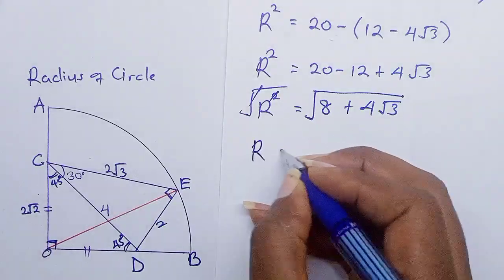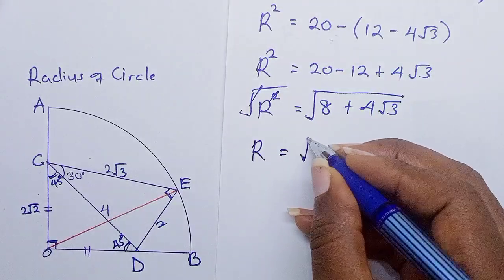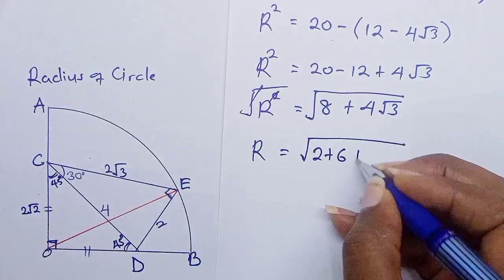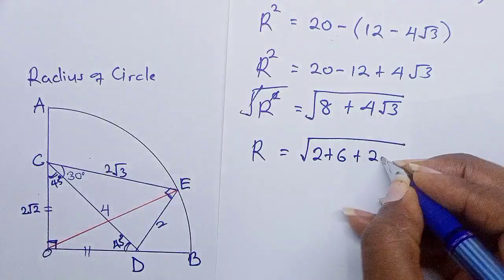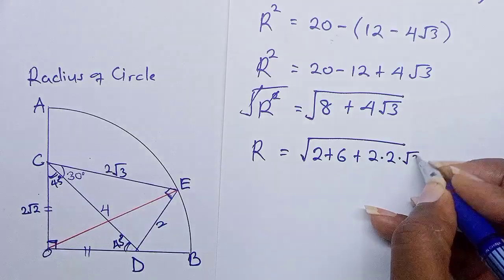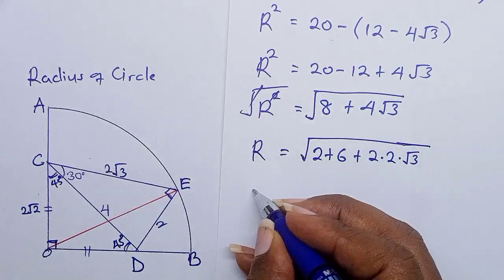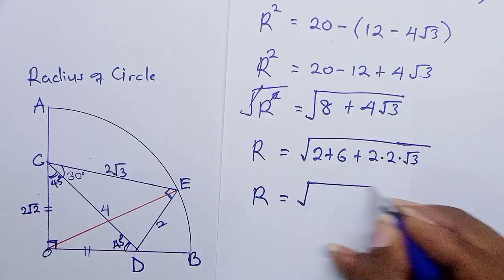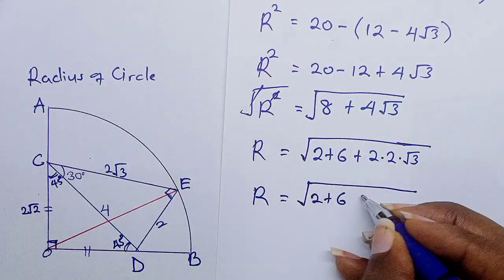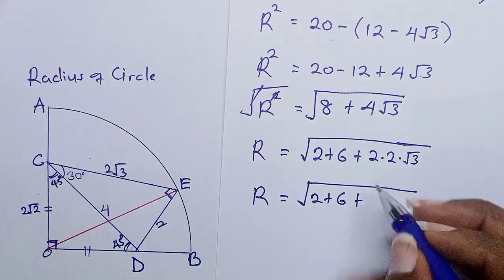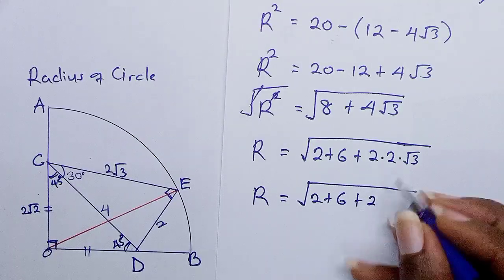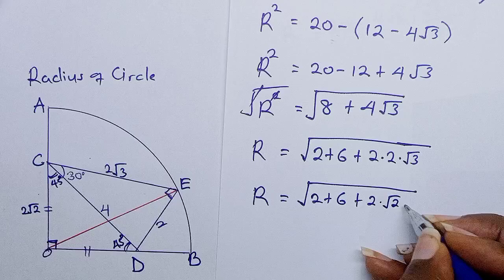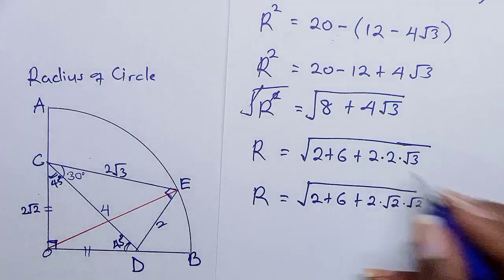So R will be equal to root of 8, which is the same as 2 plus 6, then plus 4, which is the same as 2 times 2, then times root 3. So R is equal to root of 2 plus 6 plus 2. Okay, we first write 2. 2 is the same as root 2 times root 2. So root 2 times root 2 goes back to 2.